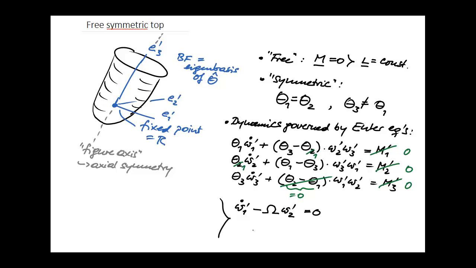And therefore omega 3 prime dot itself is equal to 0. And hence omega 3 prime must be constant in time. So the consequence of the third equation is immediately that omega 3 prime is a constant, and I'd like to call that constant omega naught, and this is constant in time.